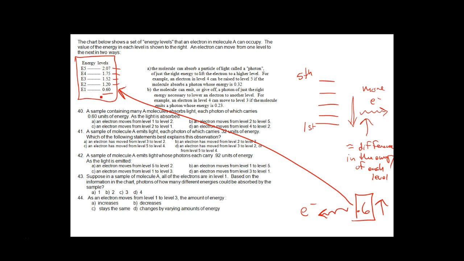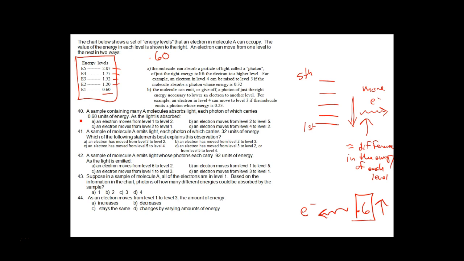That's easy. Look at E1 and E2, 0.60 and 1.20. That difference is 0.60. Usually we talk about the electron going down because it releases, but in 40 we are absorbing, so the electron moves from level 1 to level 2. Cool, right? It's not that difficult. Let's erase the script now.